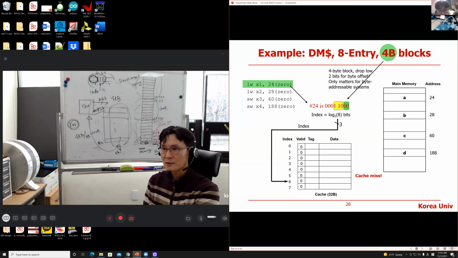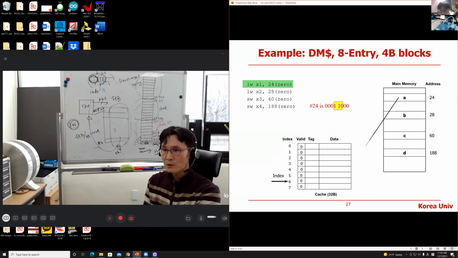Then what should happen? You have to bring the memory block, a 4-byte memory block, into the cache.